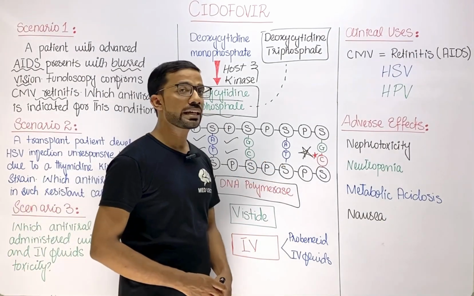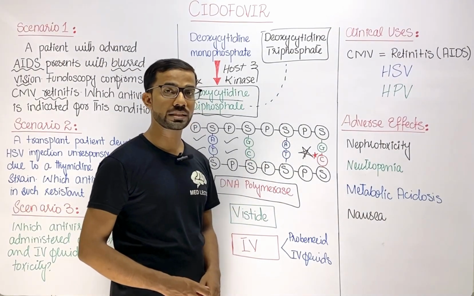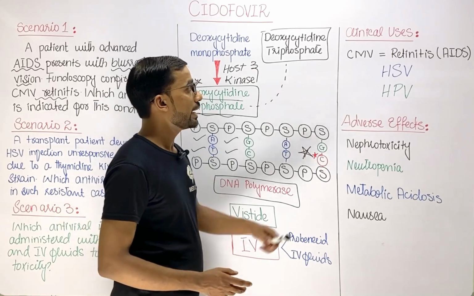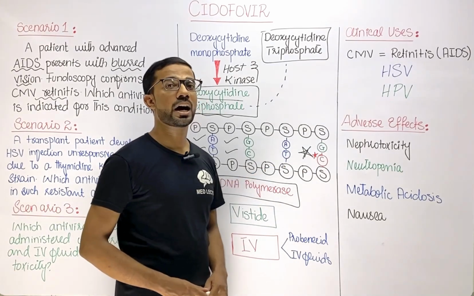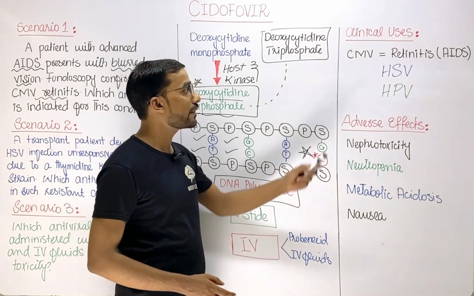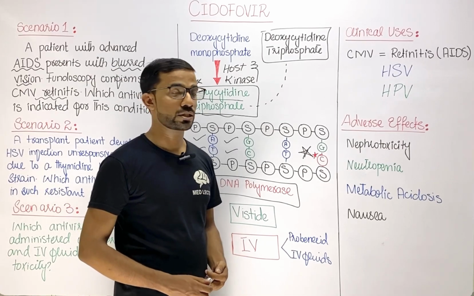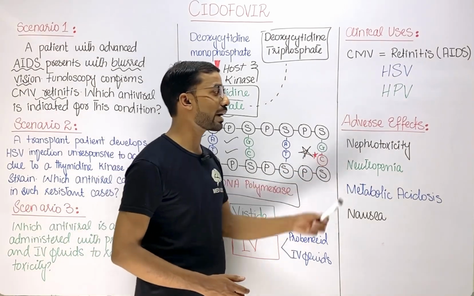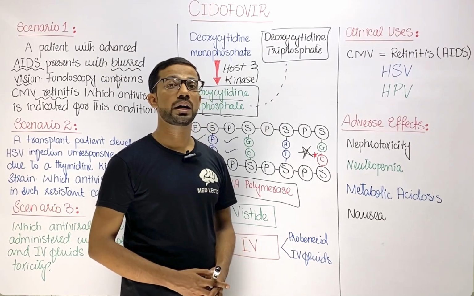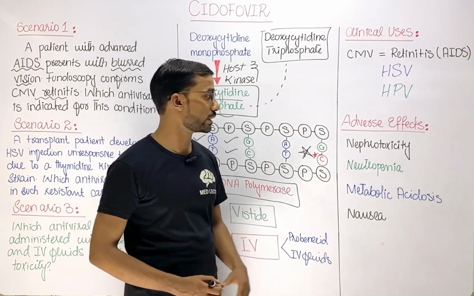Next, if we look at the clinical uses, Cidofovir is good for CMV, cytomegalovirus, that causes retinitis, specifically in AIDS patients. It can also be used against herpes simplex virus, as we have already discussed in the different scenario, and human papillomavirus can also be affected by Cidofovir. As for adverse effects, you will see nephrotoxicity, and we reduce it by giving Cidofovir along with probenecid and IV fluids.